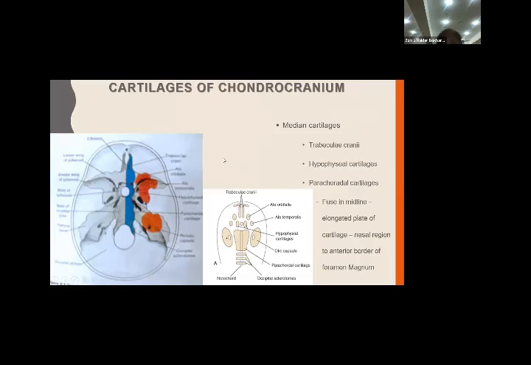Let's do the cartilages of chondrocranium. ठीक है, cartilages that make up the base of the skull. मीडियन कार्टिलेजेस में से क्या क्या होगा? ट्रबैकुलर क्रैनी, ये हाइपोफिजियल कार्टिलेज और ये इधर पैराकॉर्डल कार्टिलेज, ठीक है.